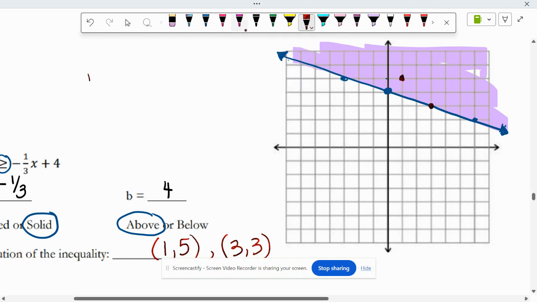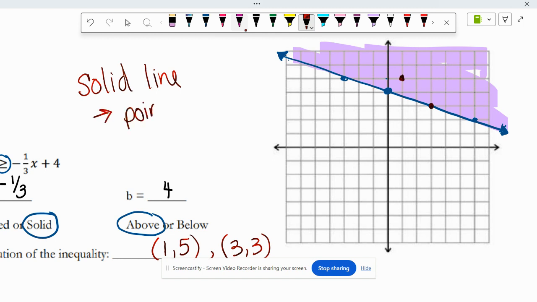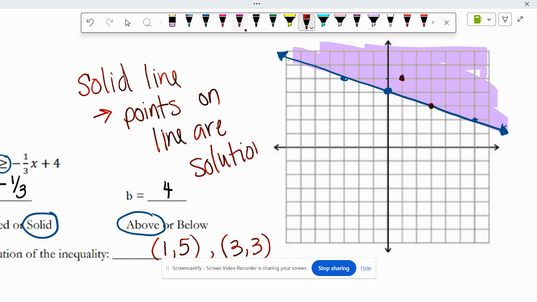Very good. So a solid line means that points on the line are solutions. But just like Aiden said, if it's a dashed line, points on the dashed line are not solutions because that boundary says it's not including that boundary line. Okay. Are we getting it? Making sense?